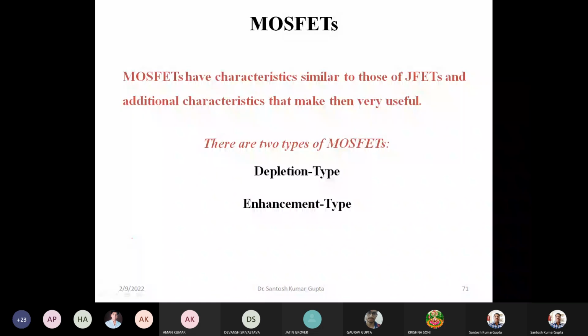In the last few lectures, we have been discussing FETs, field effect transistors, specifically the junction field effect transistor, a type of FET in which we have a PN junction at the gate, which is reverse biased, and by the voltage applied at the gate PN junction, we were able to control the channel through which the current flows.